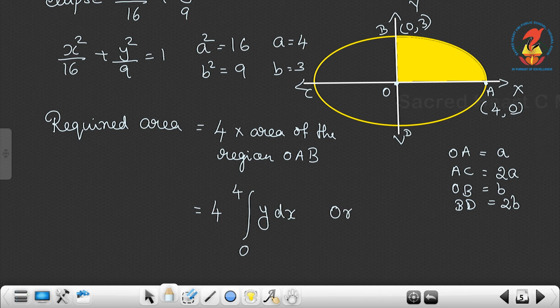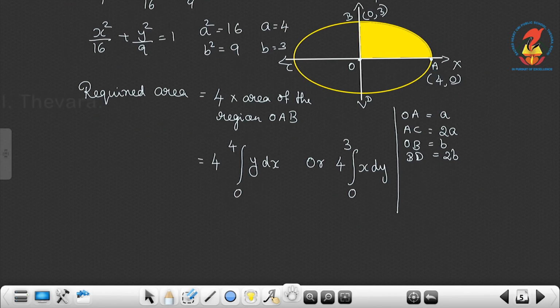Or the same area we can write this way also, 0 to 3, area under this curve. Here we are using y coordinates, so x dy. Either this method or this method, both will give the same answer.